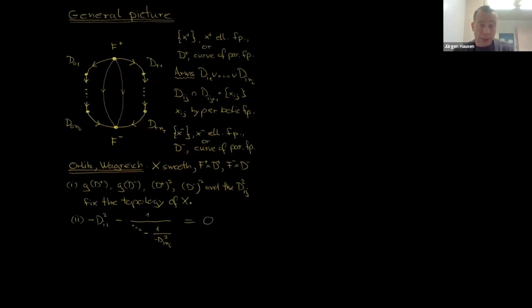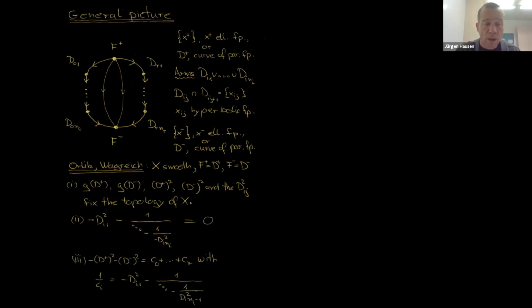Moreover, there are some nice statements in terms of continued fractions. If we look at the curves inside one arm, say the ith arm, then if I take the continued fraction over minus the self-intersection numbers, this gives us 0.